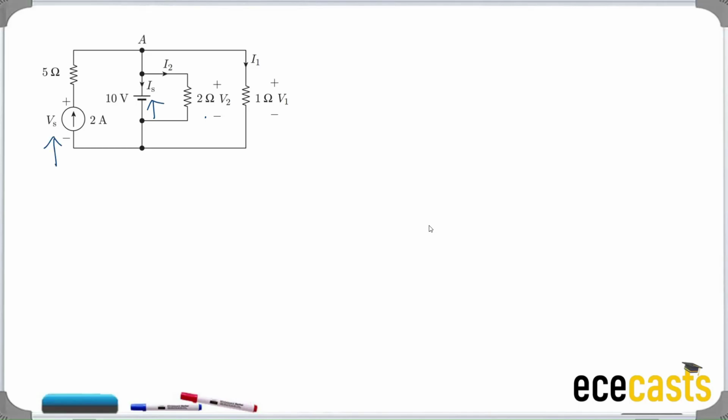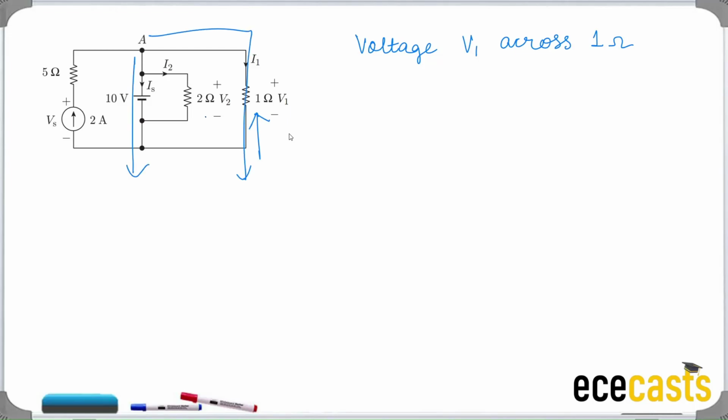To do so, we first calculate V1. So friends, now look onto this 1 ohm resistor. We see that these two circuits are in parallel. That is, the 1 ohm resistor is in parallel with the 10 volt supply. As we know that when two circuits are connected in parallel, the voltage drop across the two circuits should be same.